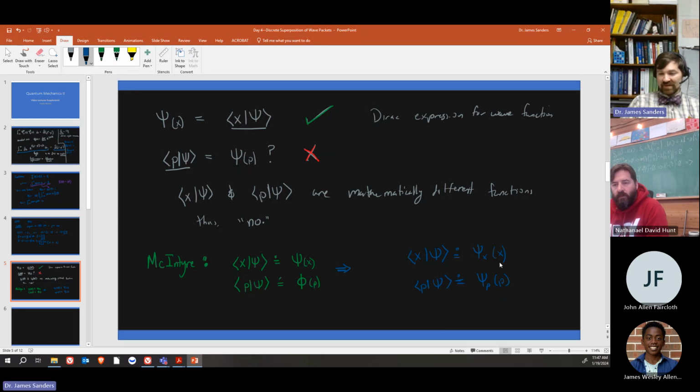So in my notation, psi x of p would mean you have some state and it's in the x basis, but it's represented in momentum space. Okay, so this right here is basis, this right here is space.